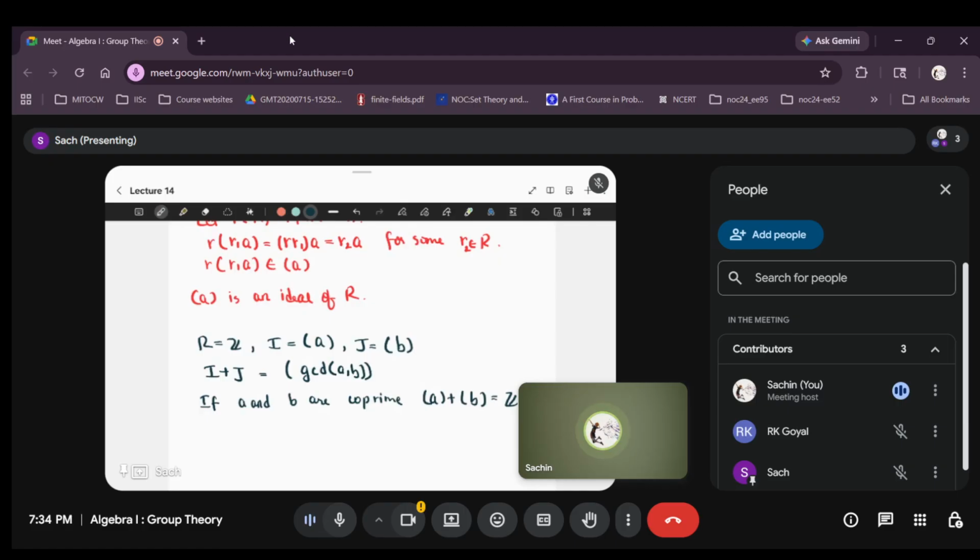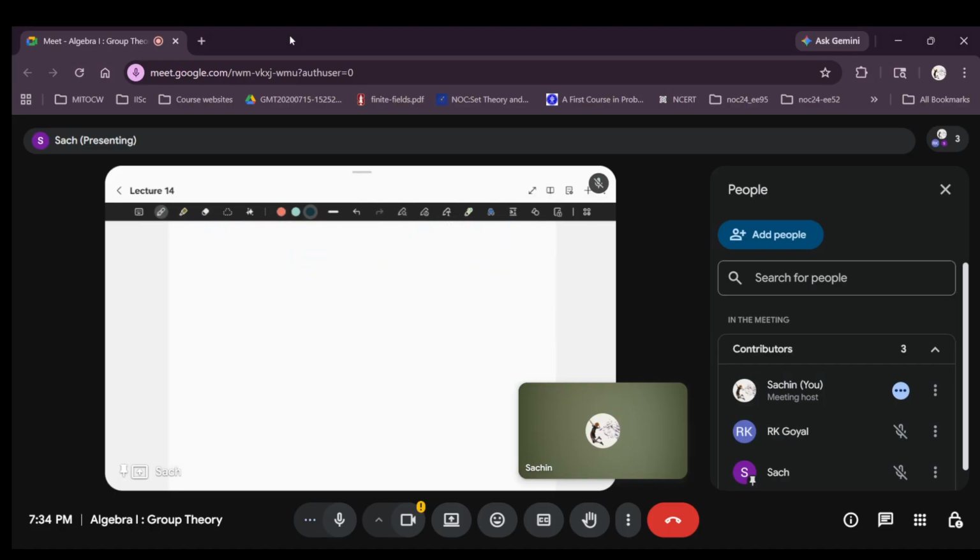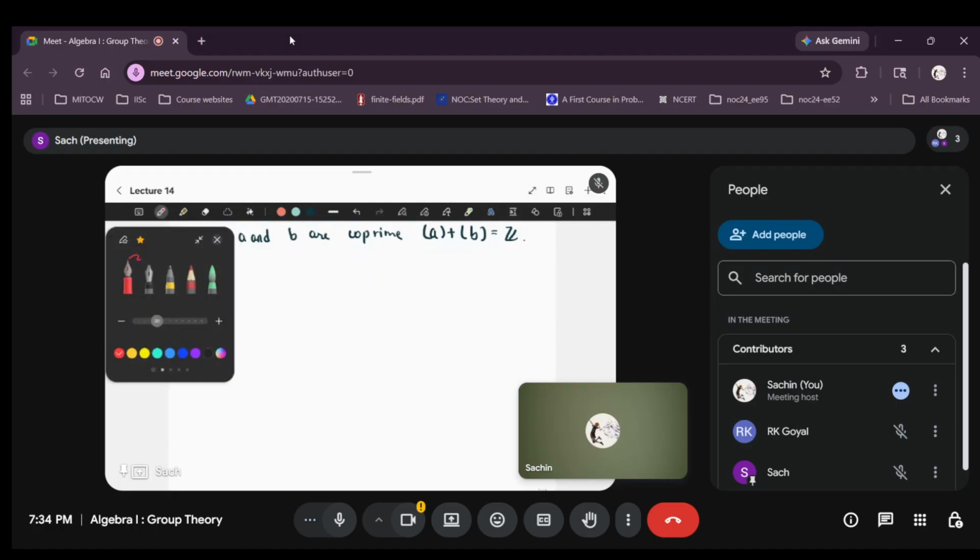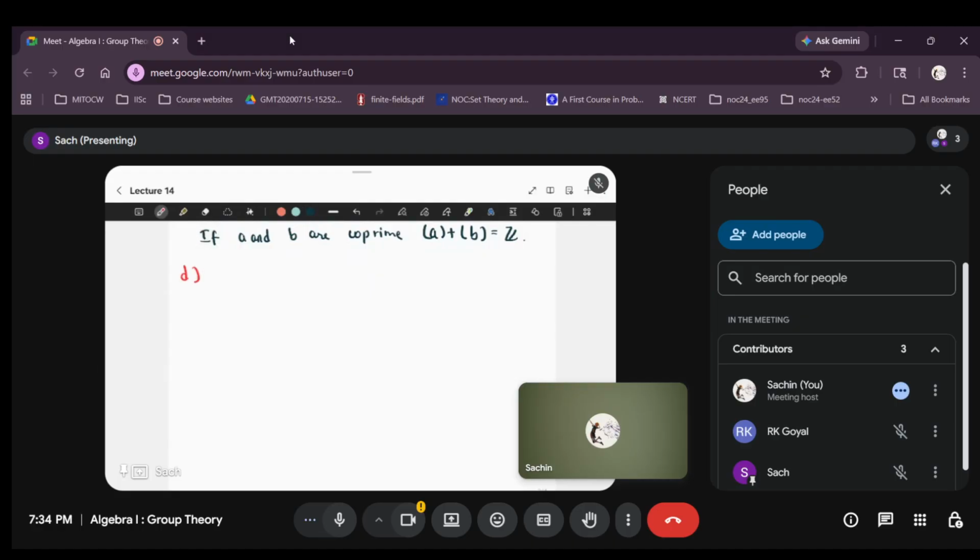Then we added two elements and got an ideal. What about multiplying two elements, each taken from one of the ideals? Let I and J be ideals of a ring R. I plus J we already defined.